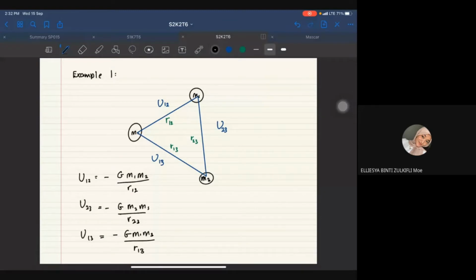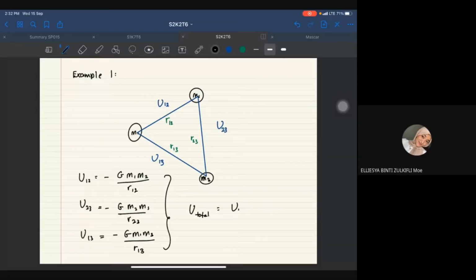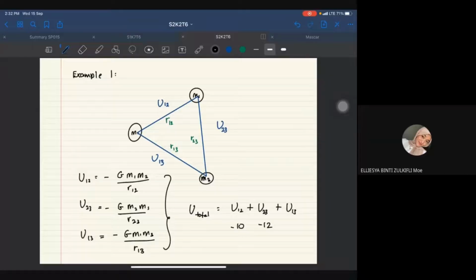But for total, so you can calculate U total in the system is basically U12 plus U23 plus U13. Okay, katakanlah kamu kira one by one, each one of these. You will get, let's say, negative 10. Sini negative 12. Sini negative 11 contohnya.